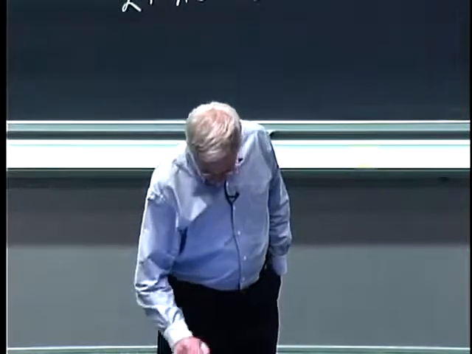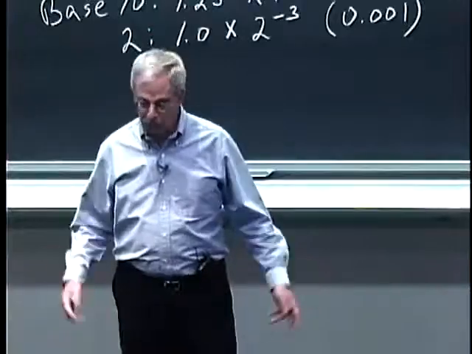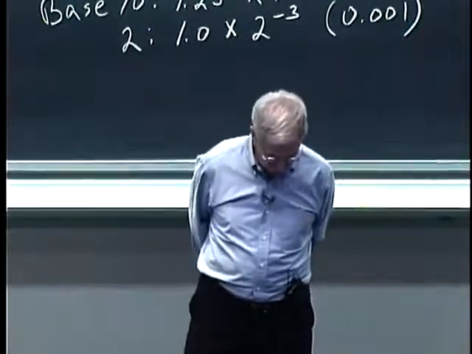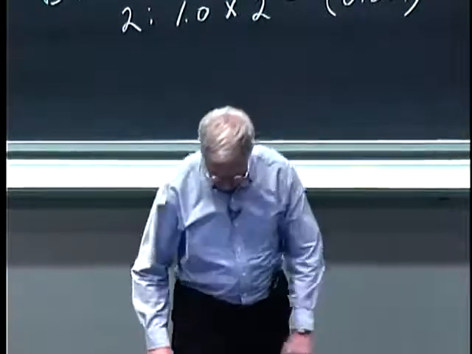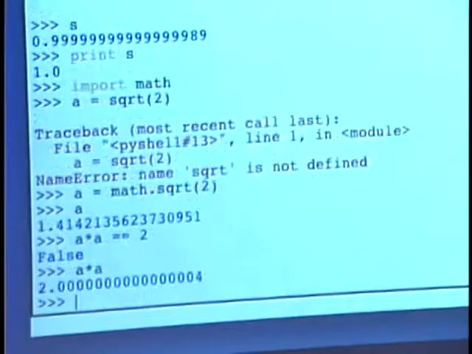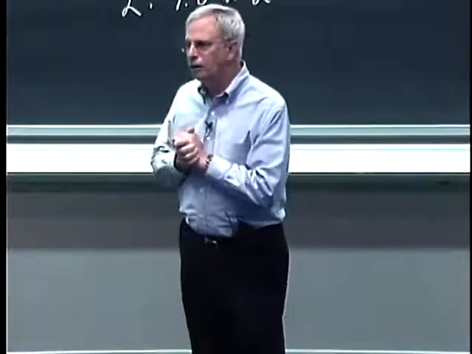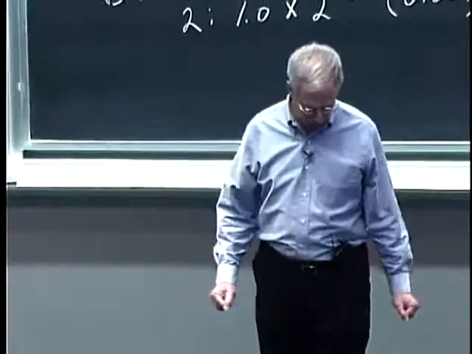But by now, you won't be surprised that the answer is False, because we know what we've stored is only an approximation to the square root. And that's kind of interesting. So we can see that if I look at a times a, I'll get 2 point, a whole bunch of zeros, and then a 4 at the end. So this means if I've got a test in my program, in some sense it will give me the unexpected answer False.